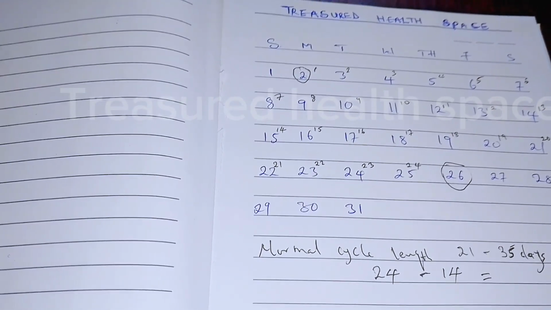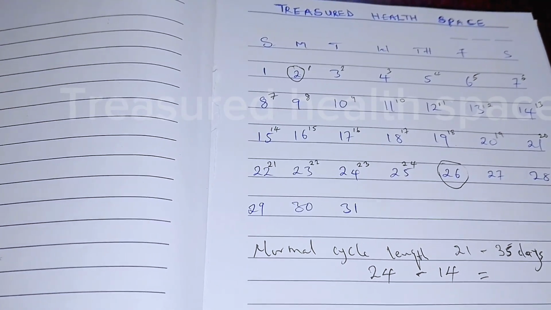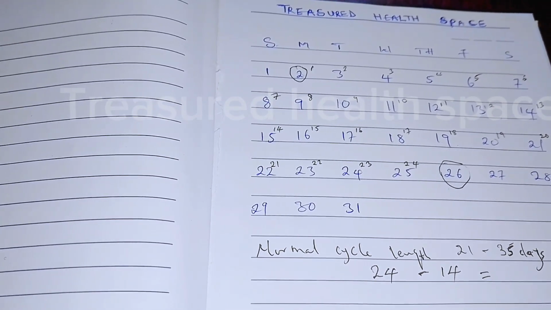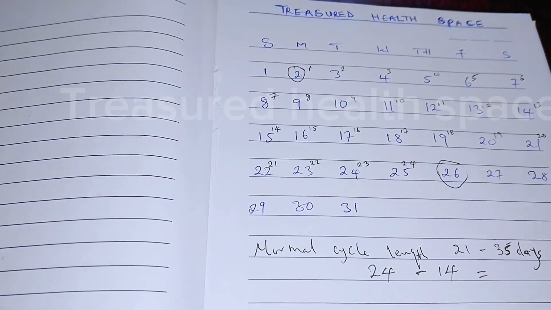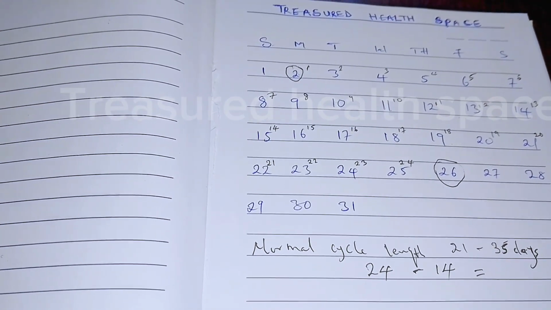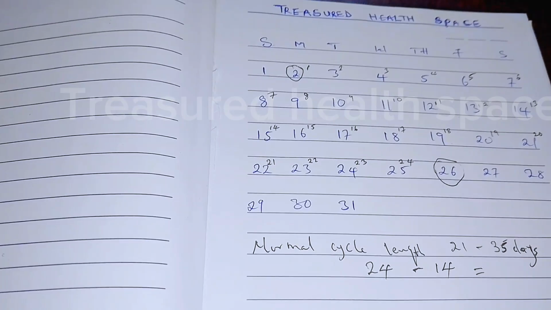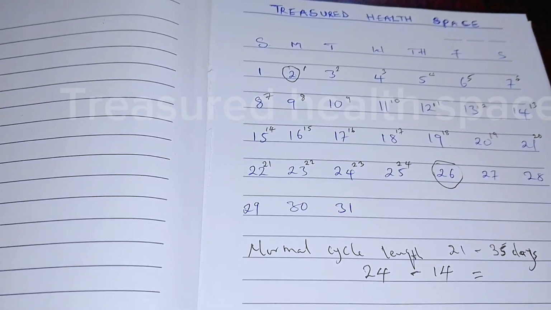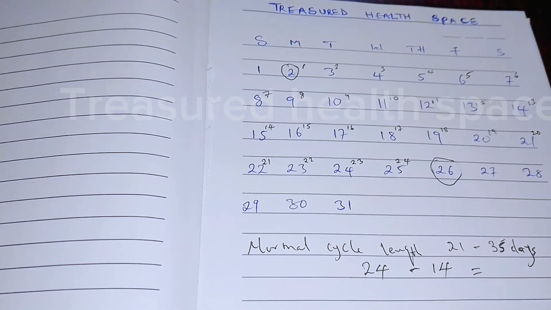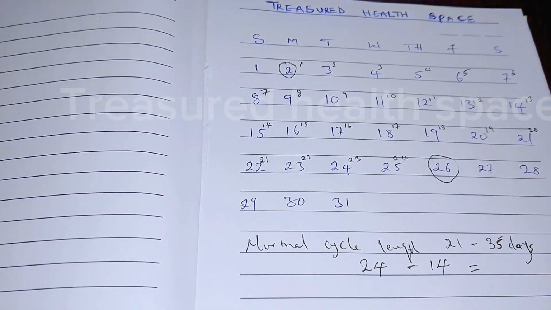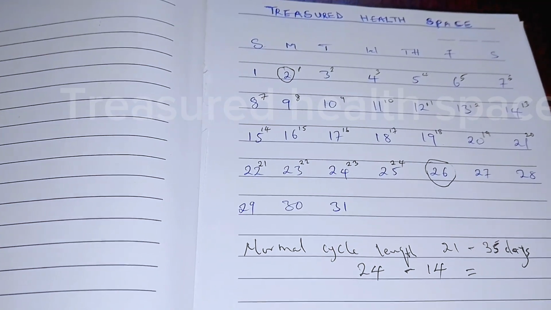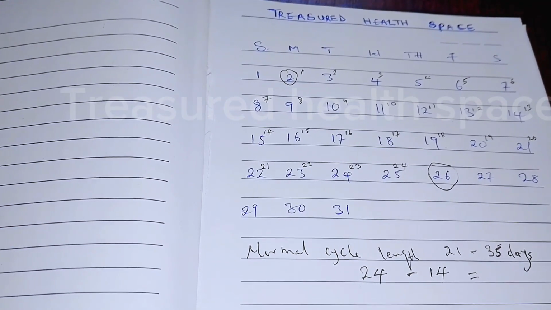Now the next phase, which is the luteal phase, lasts from the moment the egg is released, that is the ovulation phase, till your next period. Even though a lot of studies have said that 14 is the average number of days for the luteal phase, the luteal phase can actually range from 11 to 17 days.